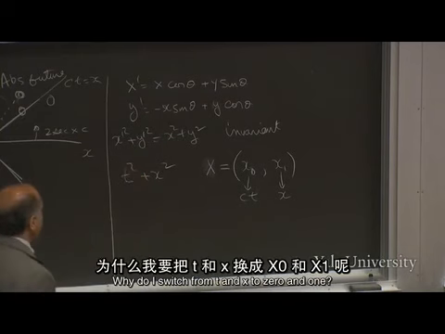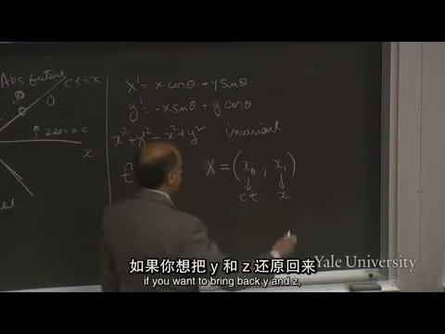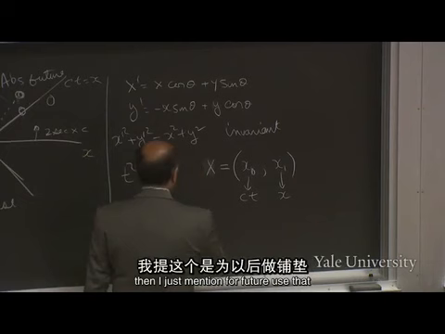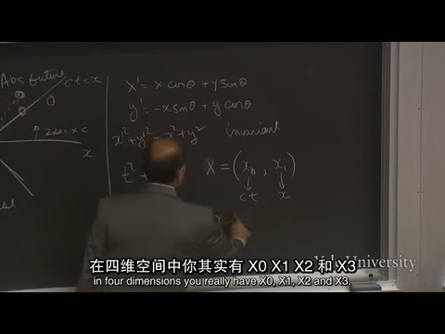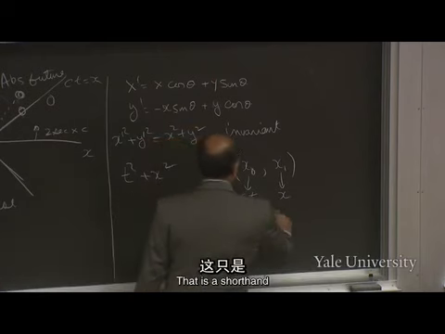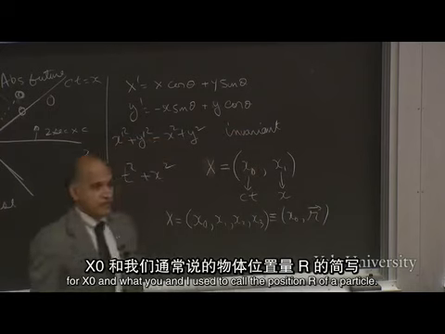Why do I switch from t and x to 0 and 1? It is just that if you want to bring back y and z, then I just mention for future use that in 4 dimensions you really have x0, x1, x2, and x3. That is a shorthand for x0 and what you and I used to call the position r of a particle.